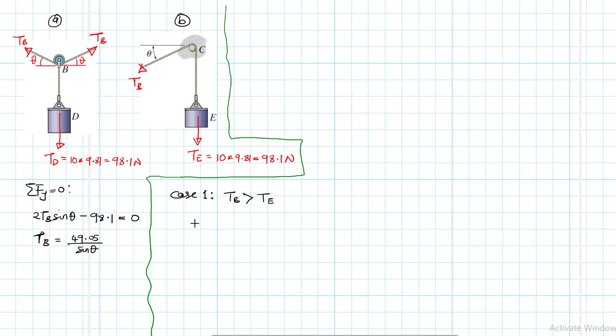So if this is the case, then we expect TB to be equal to T2 and TE to be equal to T1. In the model, T2 is equal to T1 e to the power mu beta. T2 is always greater than T1.